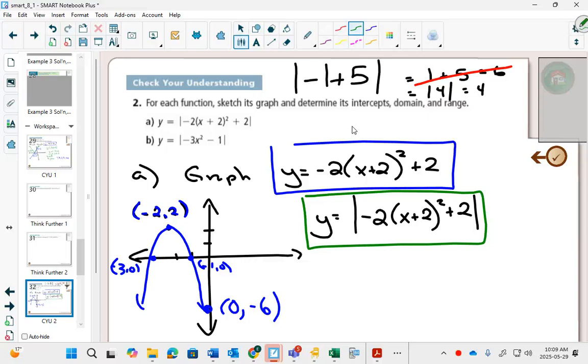So on my absolute value graph, I always start with where my y values were positive, they will stay positive. But this point at 0, -6 will now become 0, +6. And wherever the graph had negative y values, they'll get flipped over the x-axis and become positive y values.